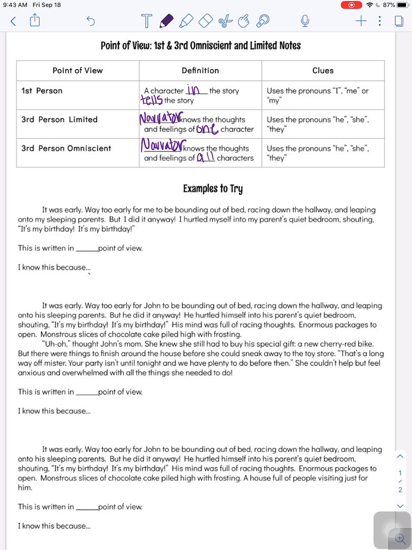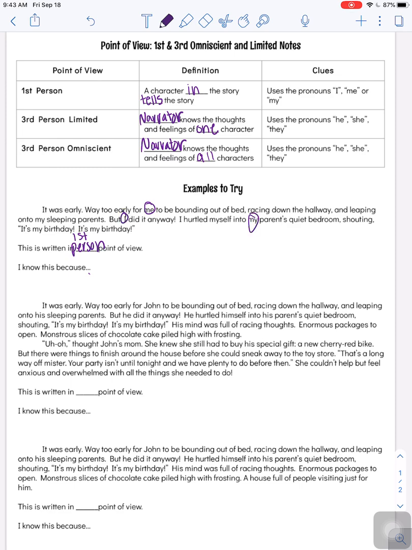So you should be able to tell what the point of view of this story is. So this story is written in first person point of view. So this means that a character in the story is telling us the story. I can also go through my story and I can find pronouns such as me, I, and my.